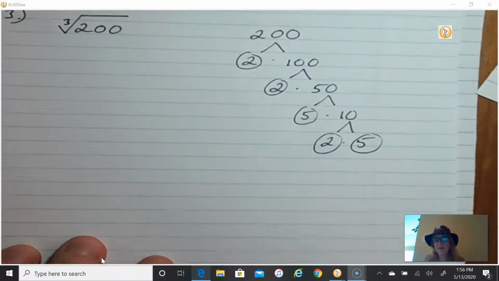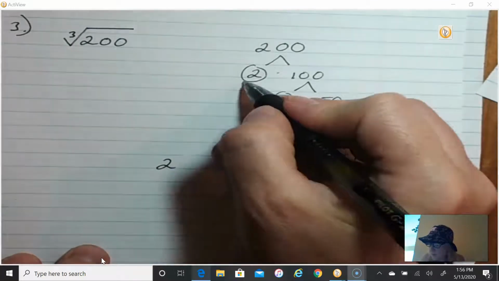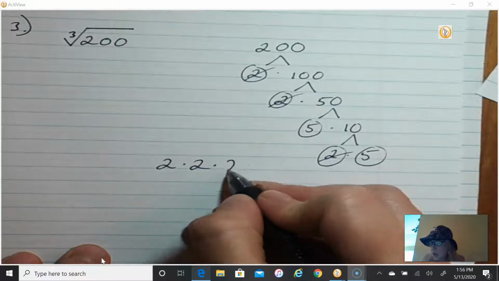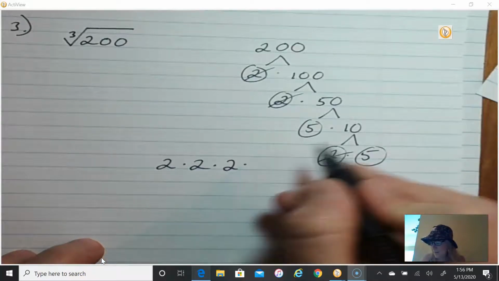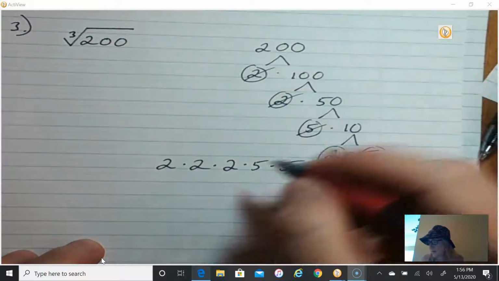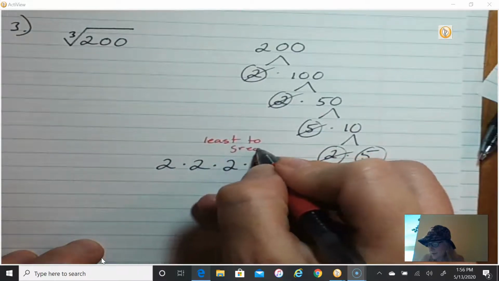Okay, so then, just like yesterday, we're going to write out our prime factors, and we're multiplying. Do it least to greatest. Remember, least to greatest.